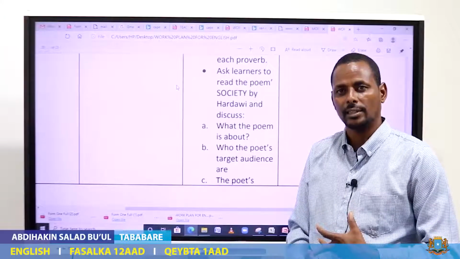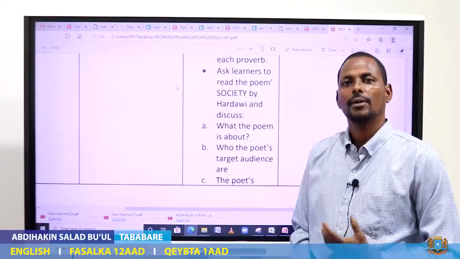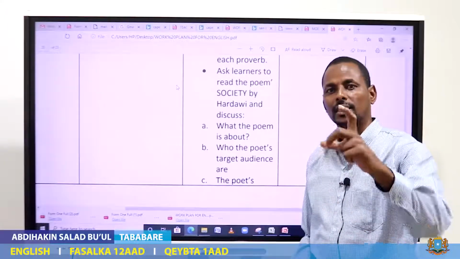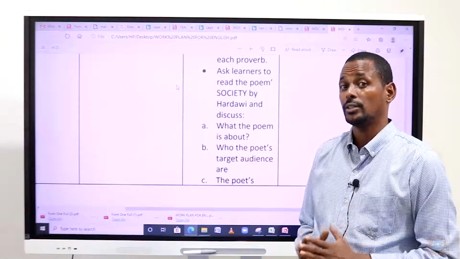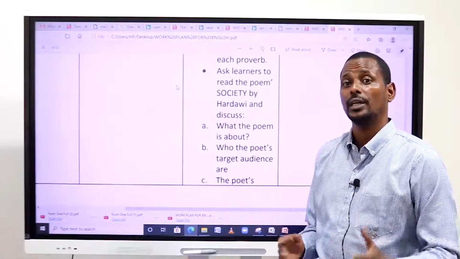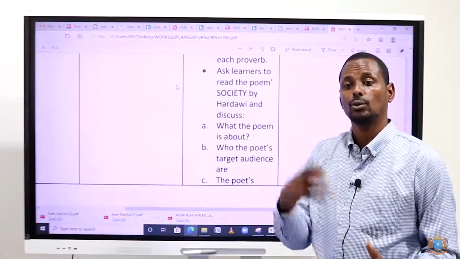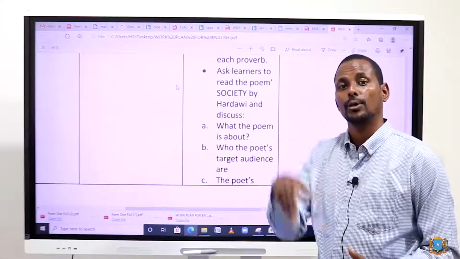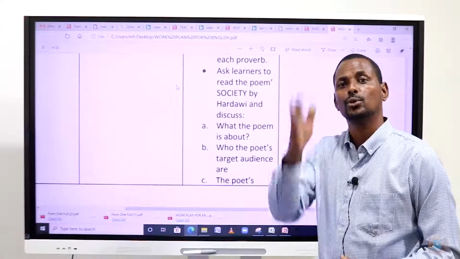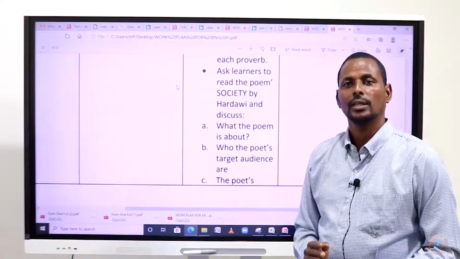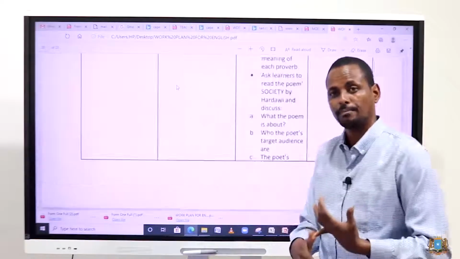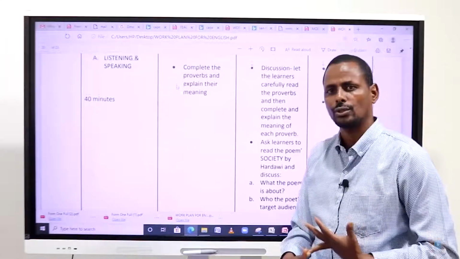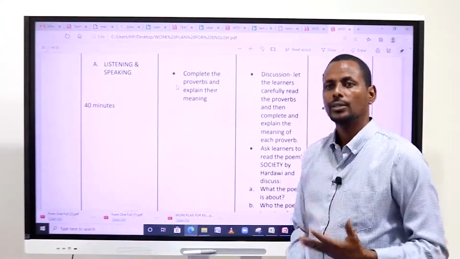So: setting, time setting, geographical setting, and thematic analysis, themes. Number three, linguistic: language use and style. Remember, poets don't use language the way other writers do. When you are writing a poem, you use figurative language, linguistic devices, metaphors, similes, personification, hyperbole.